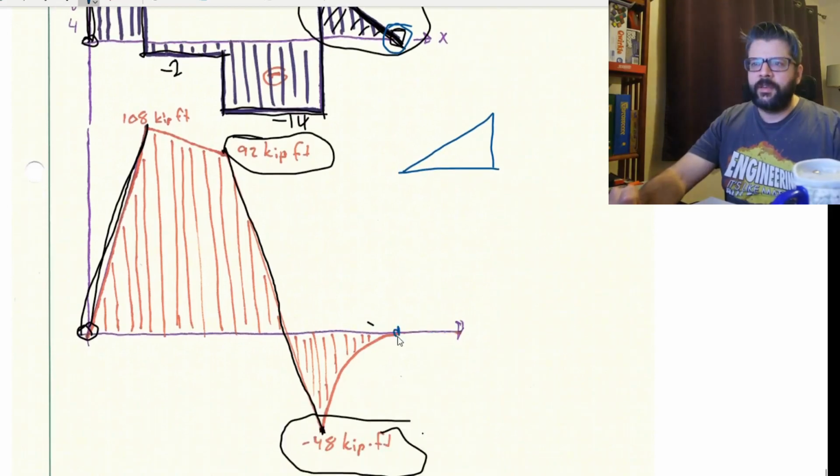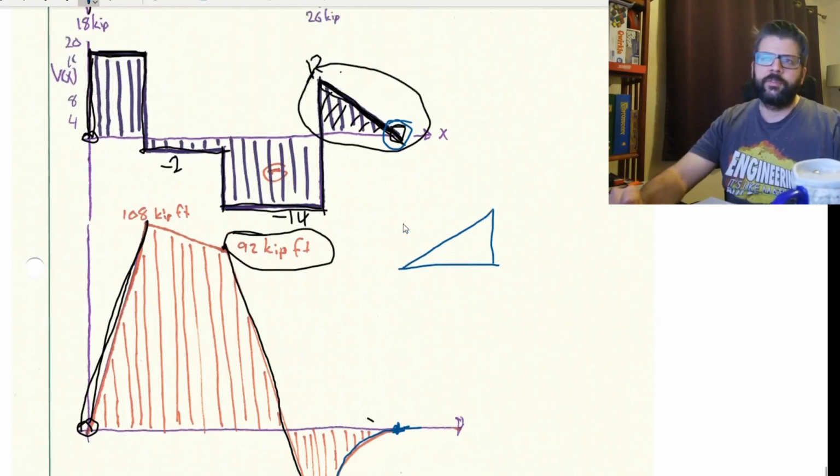So at this point here, when we're getting close to the ends, where there's very little shear, the slope is 0 at the very end and small, and then it starts to increase until it hits its maximum.